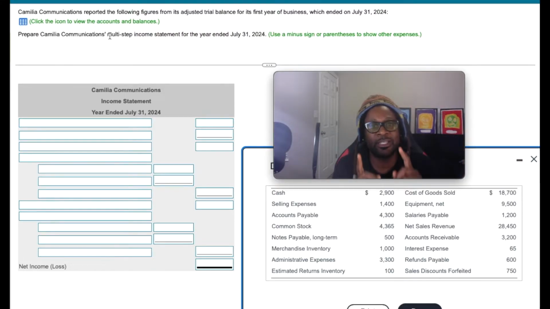But now we're dealing with a multi-step, which means that there are several steps that we go through to get to our net income. So with the multi-step income statement, our first calculation is going to be gross profit. And we know that gross profit is simply sales minus cost of goods sold. After we get our gross profit, we are then ordered to subtract our operating expenses.